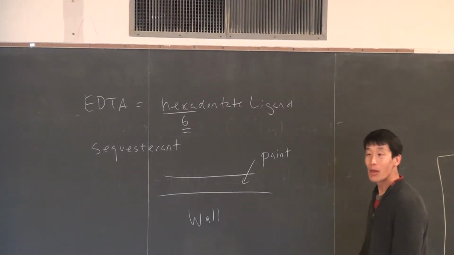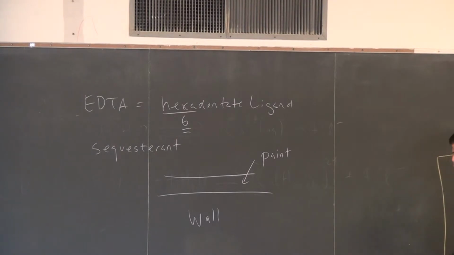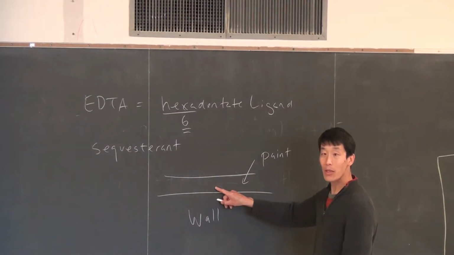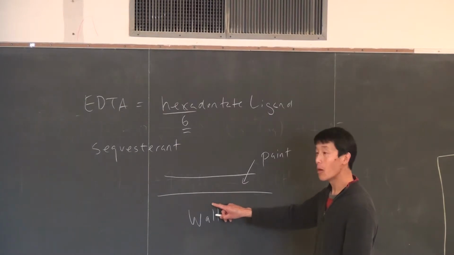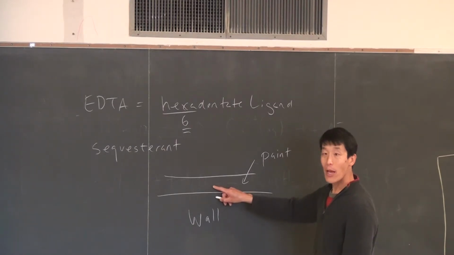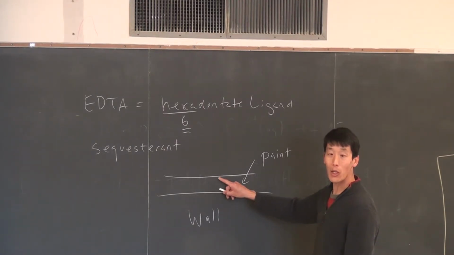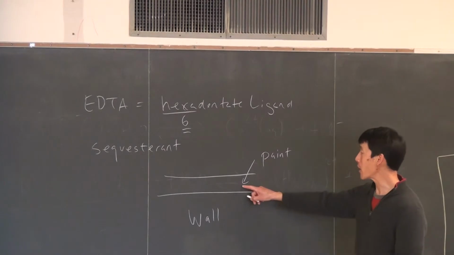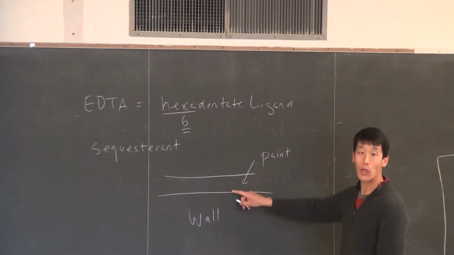So one way you can get the paint to stick to the wall is to use heavy metals like lead or cadmium. Because what happens is that the lead or the cadmium can bind to the wall, or the substance, the texture on the wall. And then the lead or cadmium can also bind to the paint molecules. So note that lead or cadmium serves as an intermediary which binds not only to the paint but also to the wall.